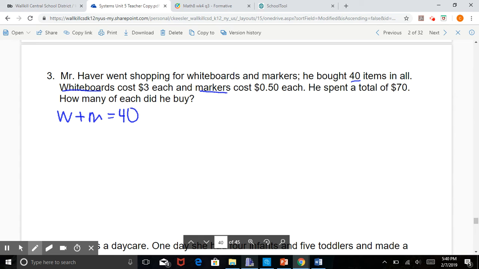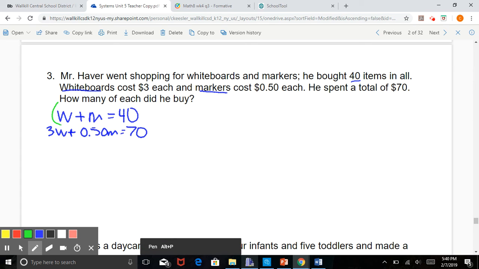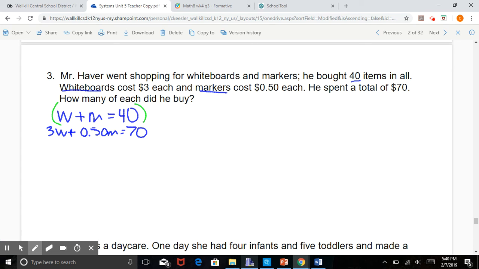Then underneath that, we apply the value, $3 per whiteboard plus 50 cents per marker equals a total of $70. Now we need to eliminate one of the variables. So we are going to go ahead and take the top one and multiply it. We can multiply it either by negative 50 or by negative 3.